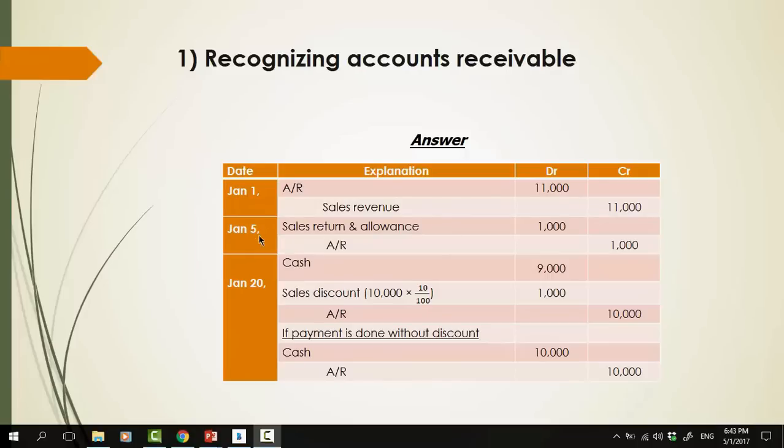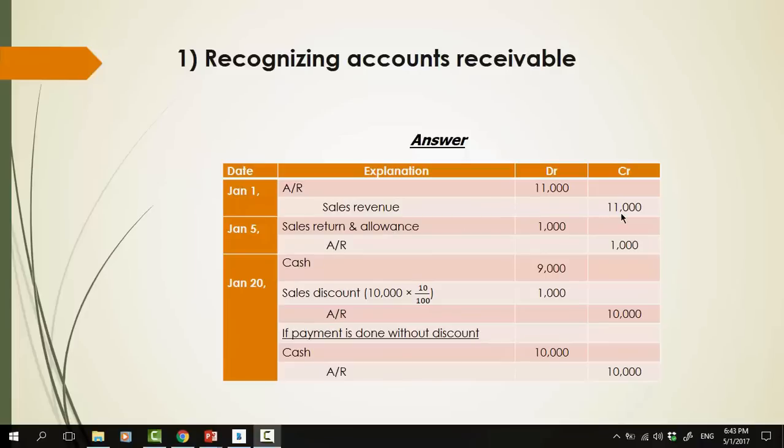On January 5th, the customers return merchandise worth $1,000. This means that the amount of sales will be decreased by the return. Then we will have a new account called sales return and allowance, and it's a contra sales.